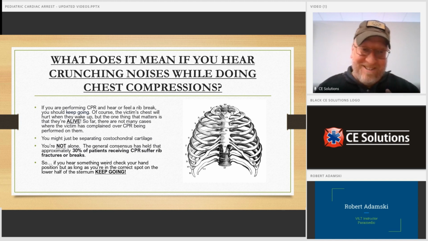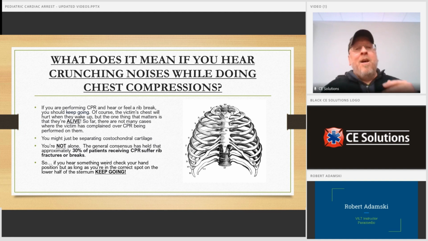No, that's no bueno. Don't do that. But equally important, if you do hear crunching noises, it's not always you breaking ribs. Realize that statistically speaking, a lot of times when you hear crunching noises and you're doing chest compressions, it's actually just the costochondral cartilage separating.